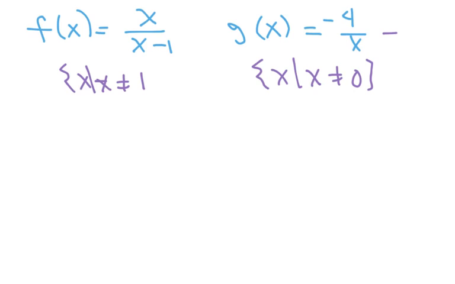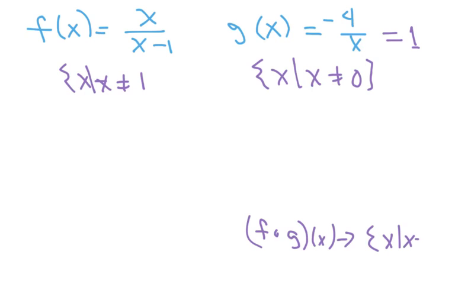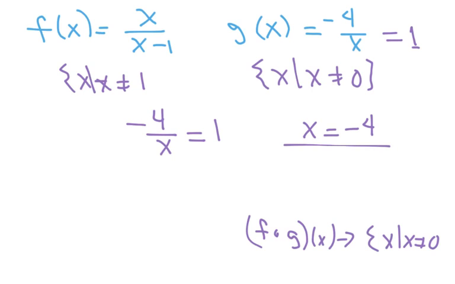So we're going to set this part here to 1. So for f of g, the domain is x cannot be 0. And then we're going to find out what x cannot be here, and you can tell right away. So we get x equals negative 4. So x cannot be negative 4 as well. Pretty simple.